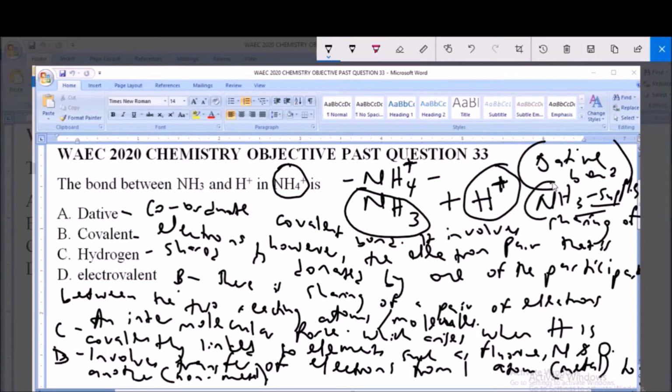Since the ammonia molecule supplies the electrons used in this combination between itself and the hydrogen ion, you can see that it is a dative combination, like we have seen from the definition. So option A, dative bond, is the correct answer to this question.